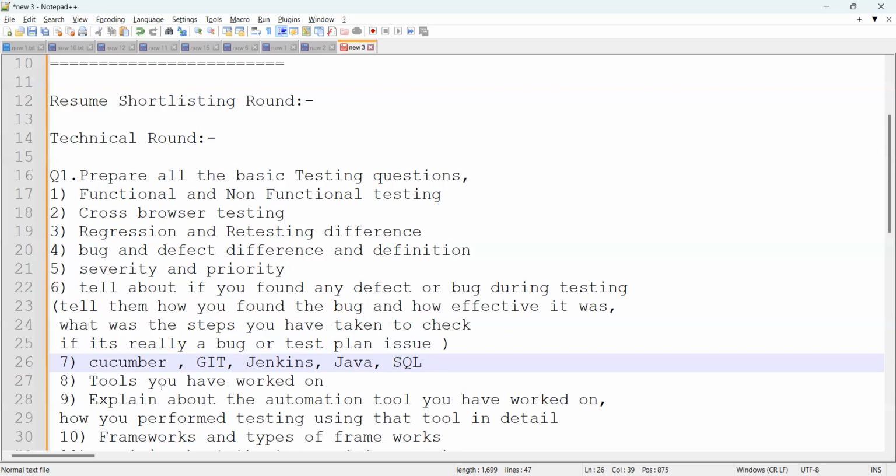Suppose you have worked on Charles Proxy for API testing, the interviewer will ask what steps you have done to verify the different types of API, and how you used to modify the request data to get the expected error message or outcome of the APIs. So you should know the detailing of the tool.